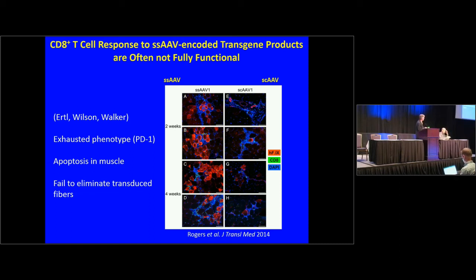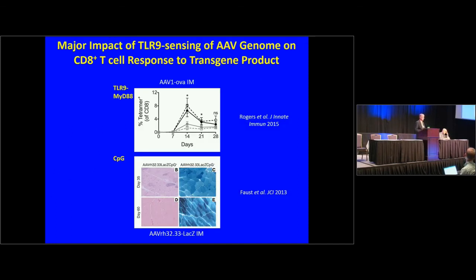However, if you use self-complementary vectors, then you tend to have a more functional T cell response, and now you can actually get rapid elimination of your gene expression. This kind of a response is, again, TLR9 dependent.